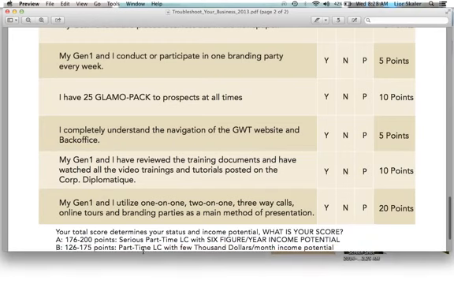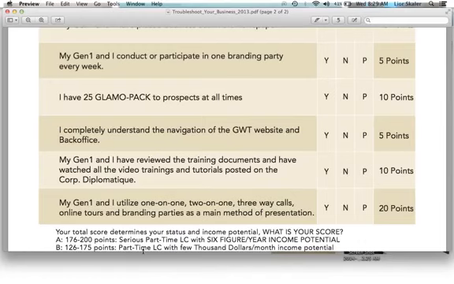If you are part of the B group, which is between 126 points and 175 points, you are a part-time LC with a few $1,000s a month income potential. So if you're in this group, that's great if your goal is to make a few $1,000s a month.